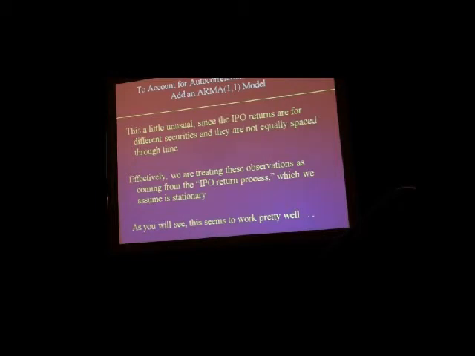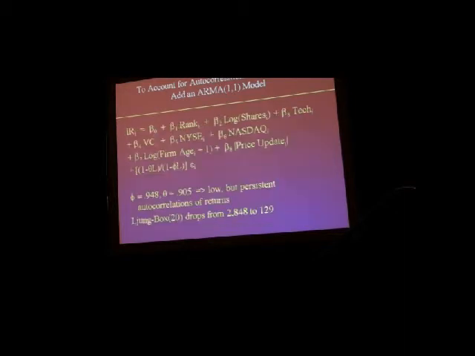The idea being that somehow, the pricing of recent IPOs helps you predict how IPOs, at least in the near future, are likely to occur as well. All right, so let's see how that works. Basically what that amounts to is the same mean equation, except we have this ARMA 1-1 process for the error.